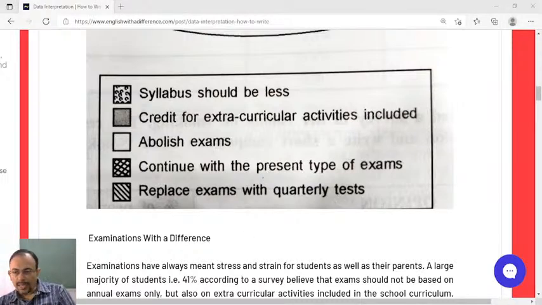Before I move on to the reported speech segment, please ask me if you have any doubt from data interpretation. You can ask me now because I'm going to move on to the grammar section.